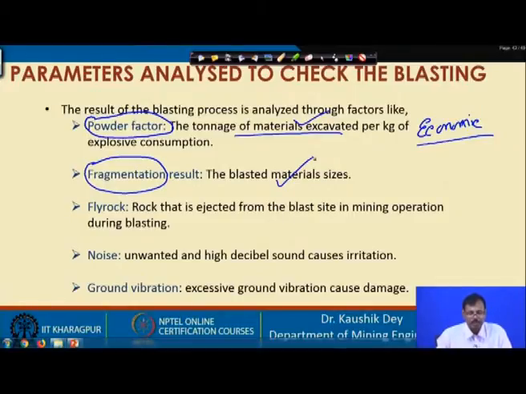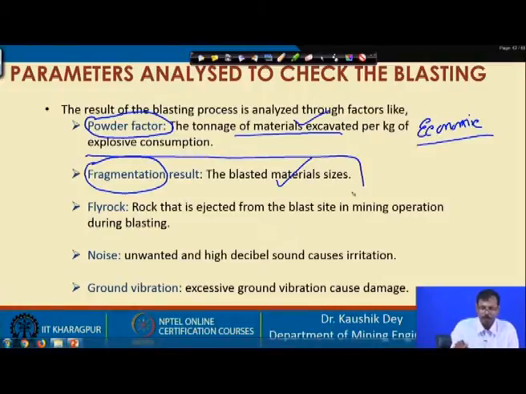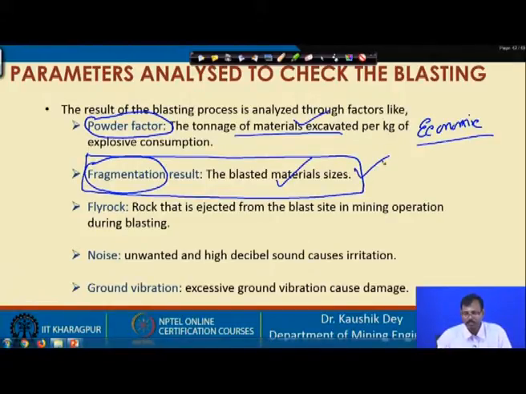So, this fragmentation of the rock is basically the fragment size distribution of the boulders formed in blasting. This fragmentation analysis is very important. In fact, fragmentation is the prime objective of a blast, because we want to fragment the rock mass into smaller sizes, and the size requirements differ depending on the use of the fragmented rock.